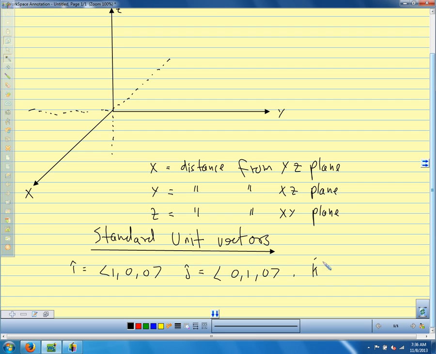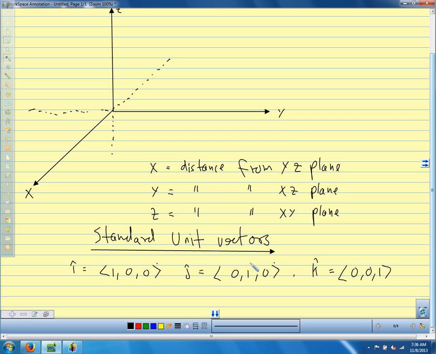And k hat is 0, 0, 1. So those are our standard unit vectors in 3 dimensions. And just like I said yesterday, we will refer to them kind of interchangeably with the bracket notation and with the ijk notation, just so we're familiar with both notations.